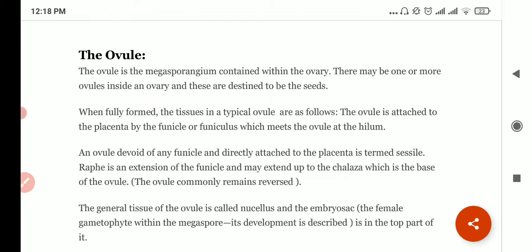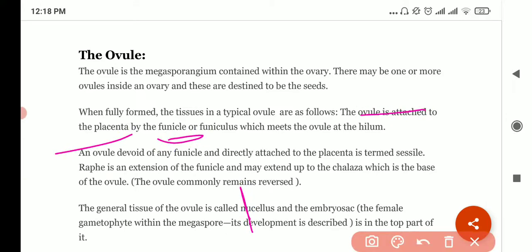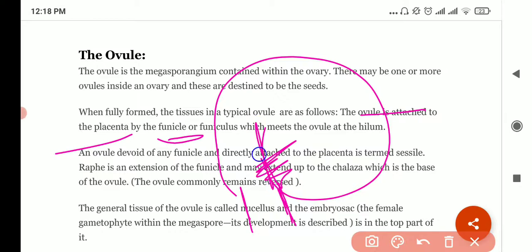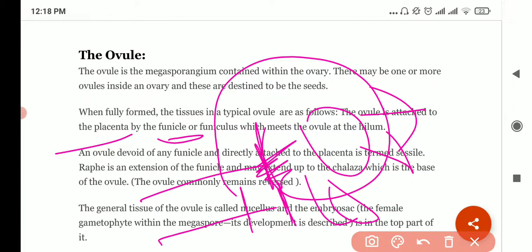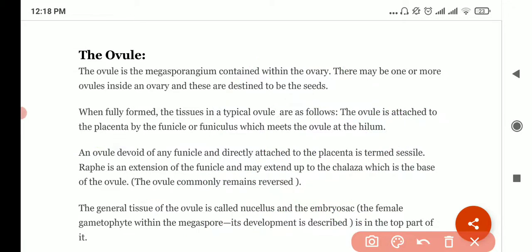So it has to be attached to the placenta, but by the funicle. Remember this down part, and it meets the ovule at this part, the hilum. This is funicle, this is hilum. Then this is the rest. So now it's clear from the diagram.